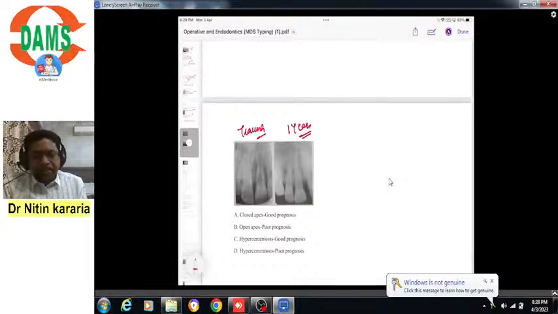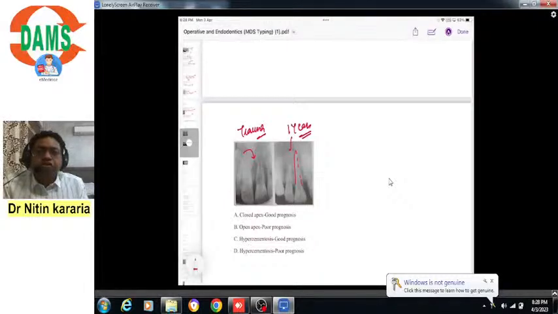Here we see that the apex of the tooth is open with a decent amount of PDL widening and periapical pathology evidence. If we look at the 1 year follow-up radiograph, we can see the root development has continued. There is apical closure with resolution of periapical pathology.